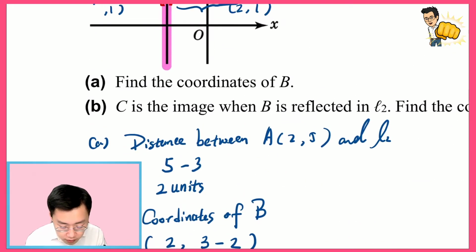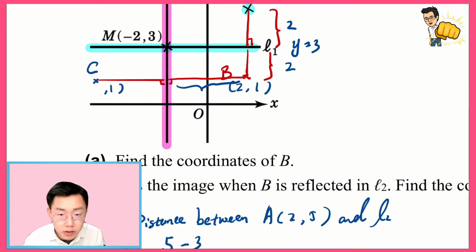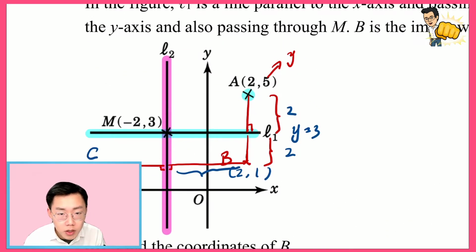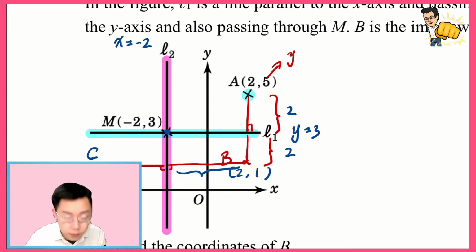So the x coordinate of point B is 2. Now you can see L2 is passing through point M, so the equation of L2 is a vertical line passing through point M. So the equation of L2 should be x equals -2.